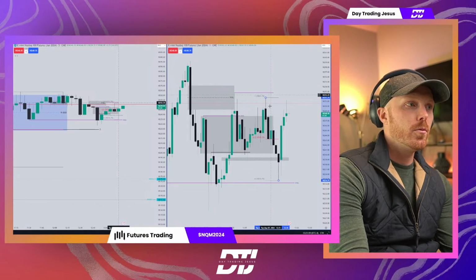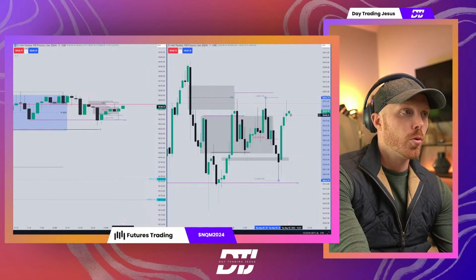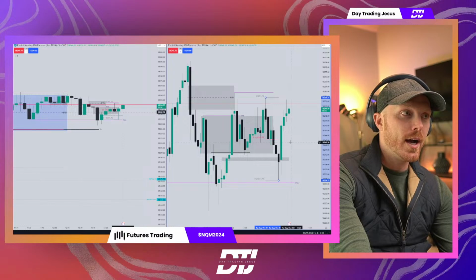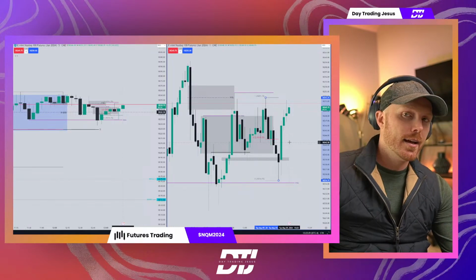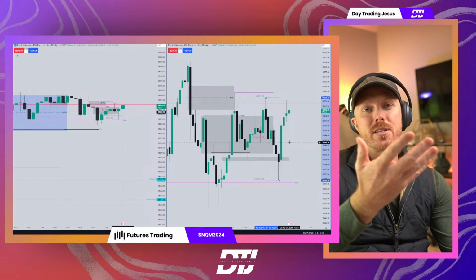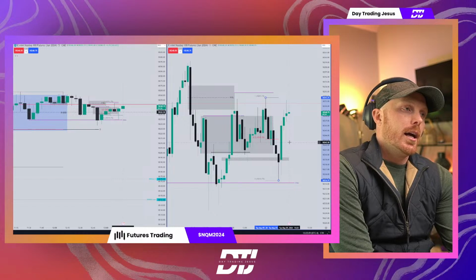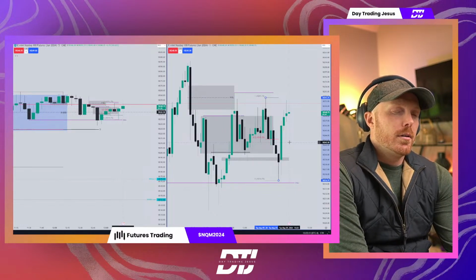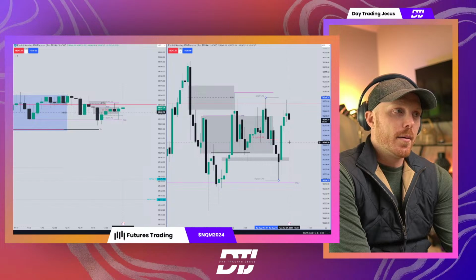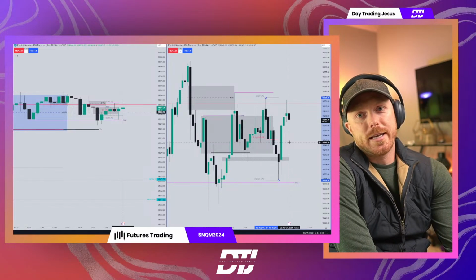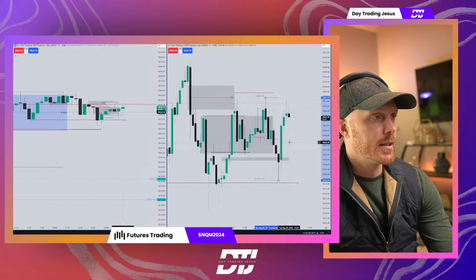Very high probability we'll tag them. I just don't want to get in it because it could just drop 10 handles and then I'm stopped out and then I miss the move. So just from so many mistakes before, I'd rather wait for a drop, and if I don't get the drop, I'll miss out on the trade.